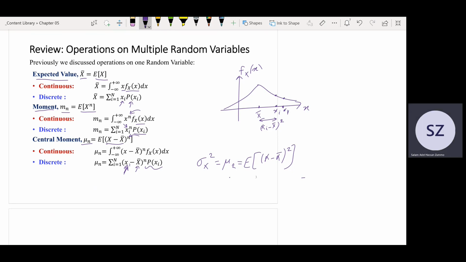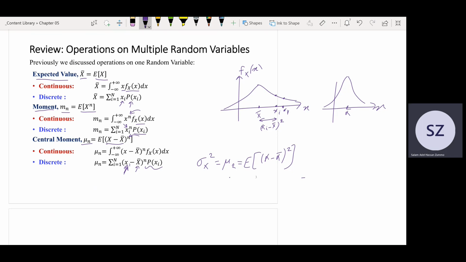What is happening? It gives me the average distance squared from the mean, which gives me the average spread of the PDF. How spread is the PDF? Is it spread like this, or is it extremely focused around x bar?